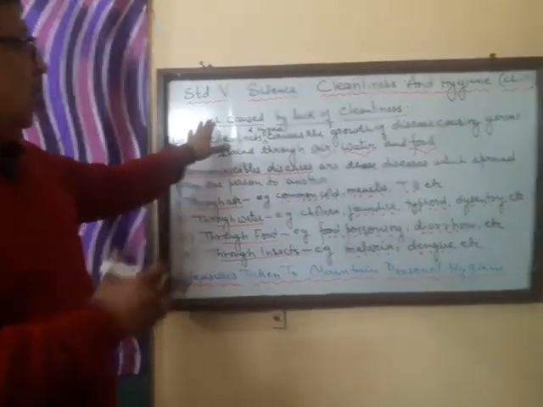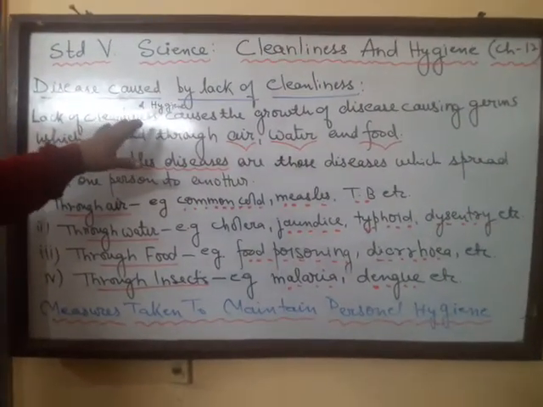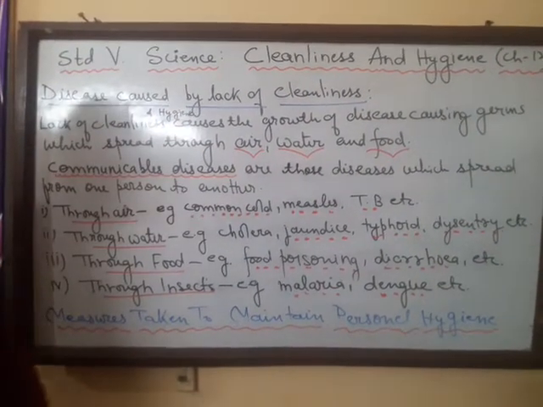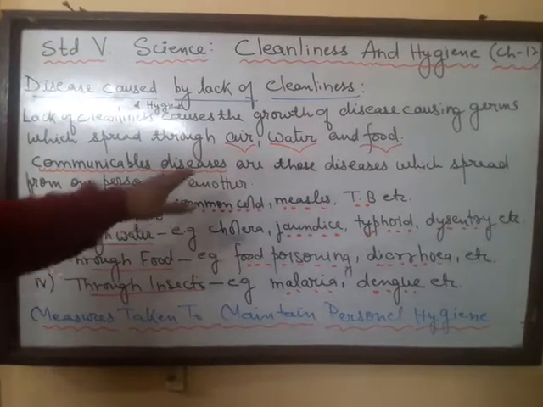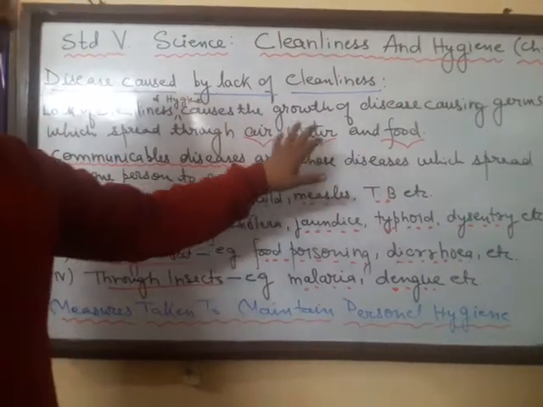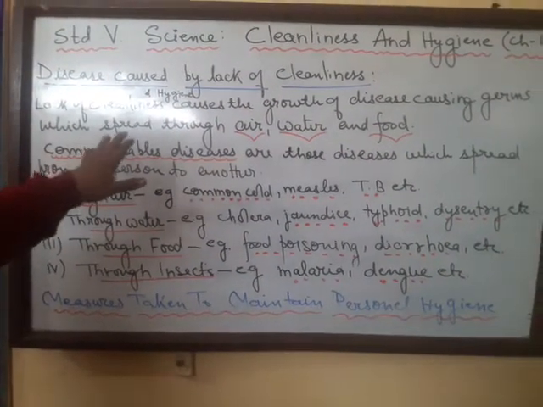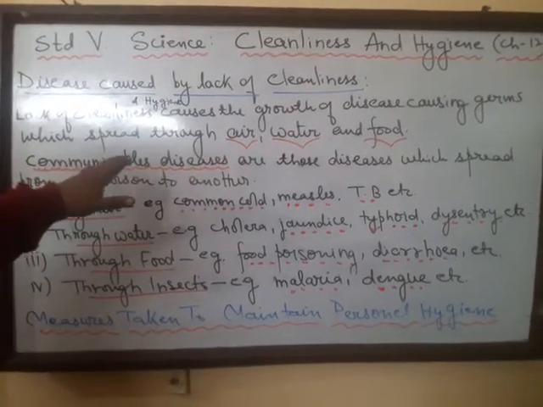Now, diseases caused by lack of cleanliness. Lack of cleanliness and hygiene causes the growth of disease causing germs which spread through air, water and food. And these cause various types of diseases. So those diseases are called communicable diseases.